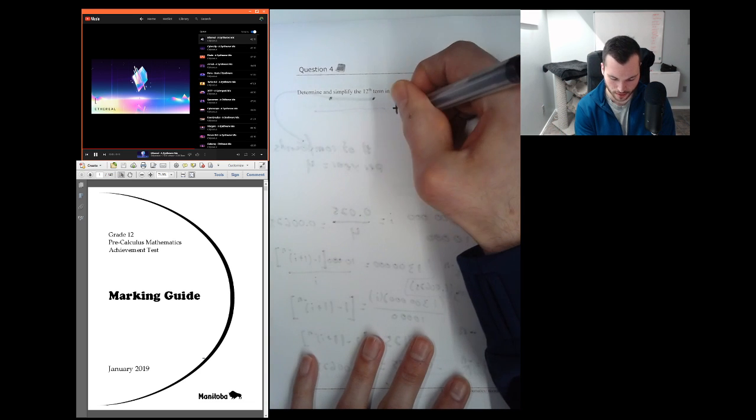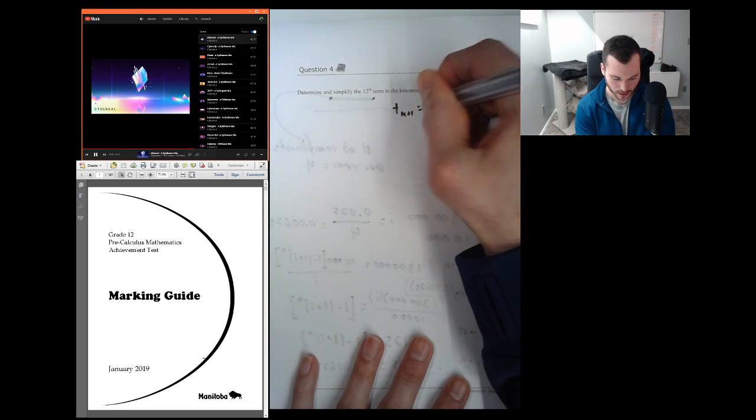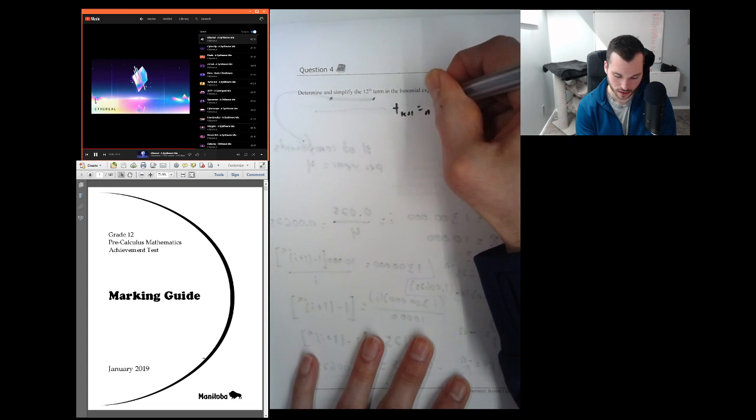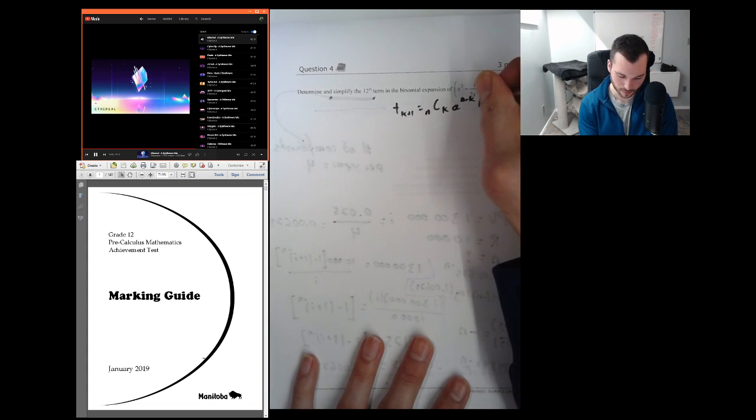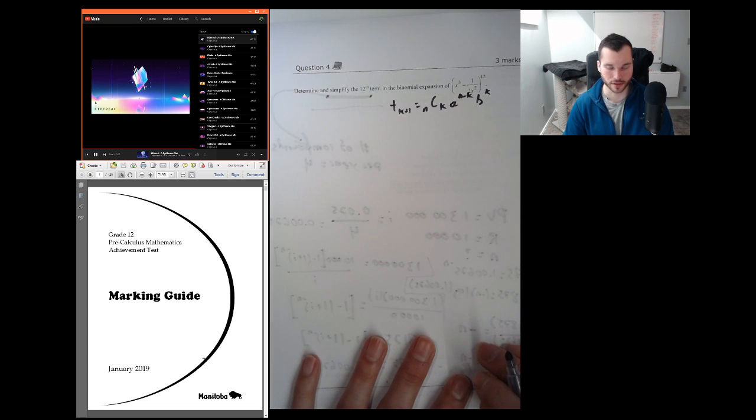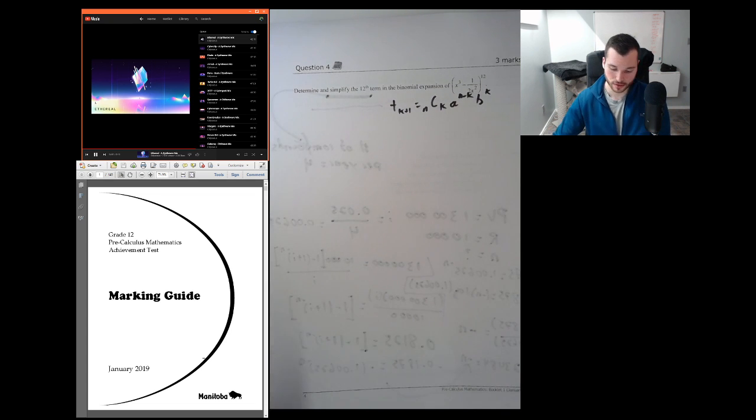So I'm going to say t of k plus 1 is equal to n choose k, a to the power of n minus k, and then b to the power of k. All right, so I've basically just copied it down. You can really do this question any way you want to. I'm just going to keep going the way that we've done it in class.